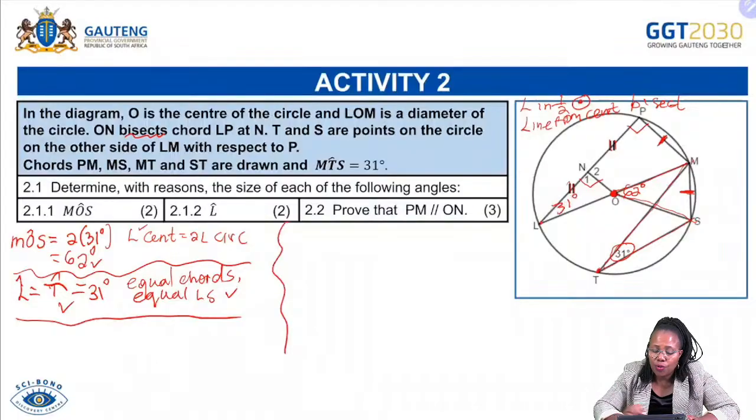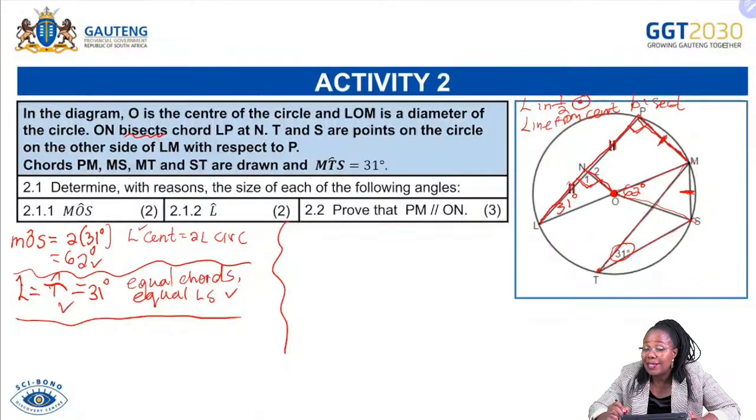Now 2.2, prove that line PM, this line here, is parallel to that line ON. If you look at the given or our analysis, we have already done that, grade 12, because we have just shown that this will end up being 90 degrees both. There's an F shape. Do you still remember the F shape indicates the corresponding angles?